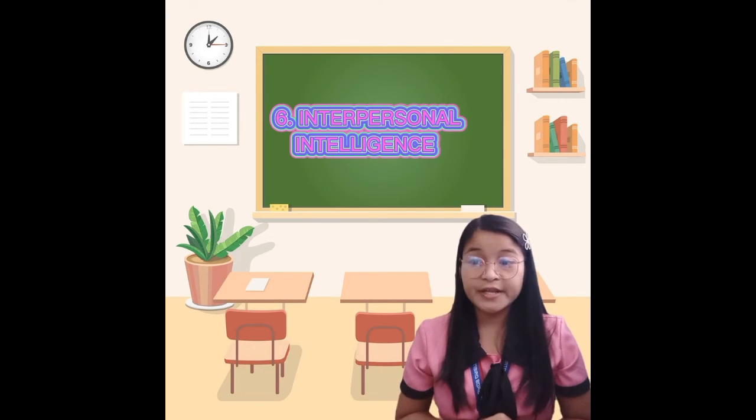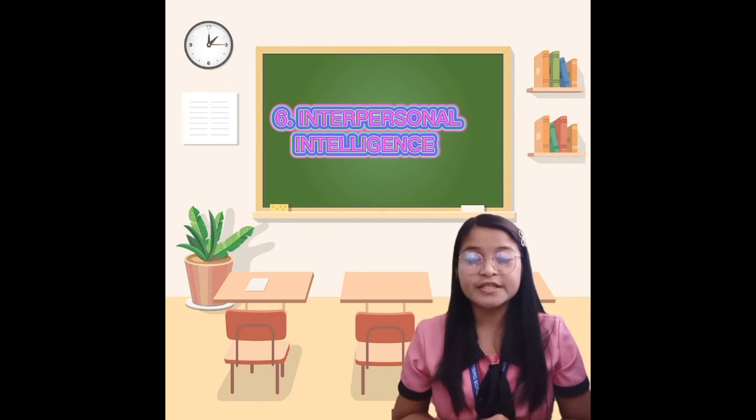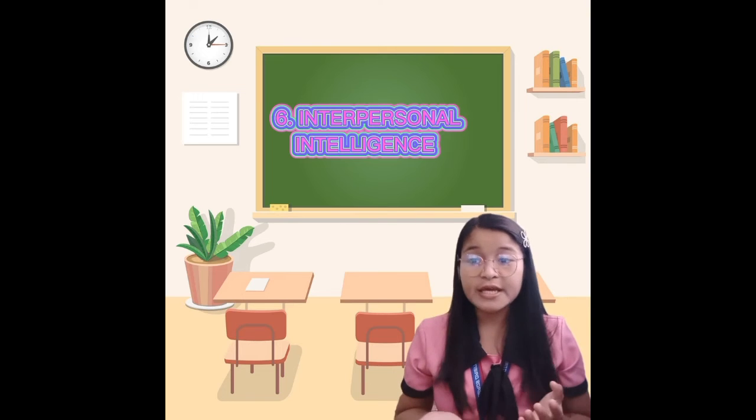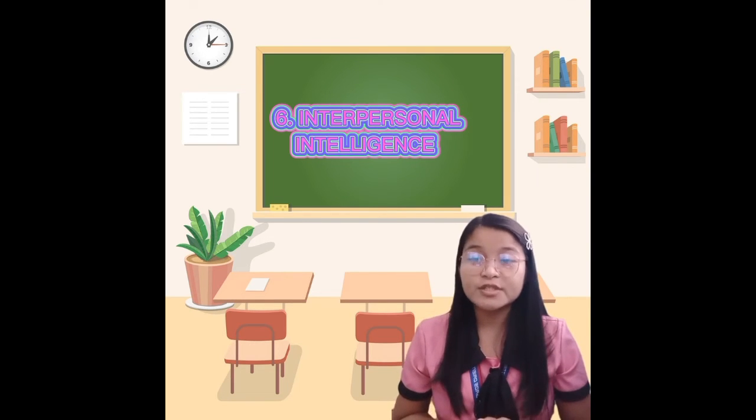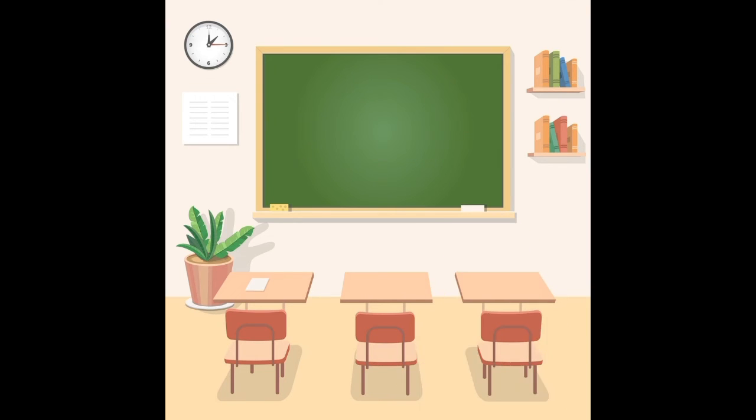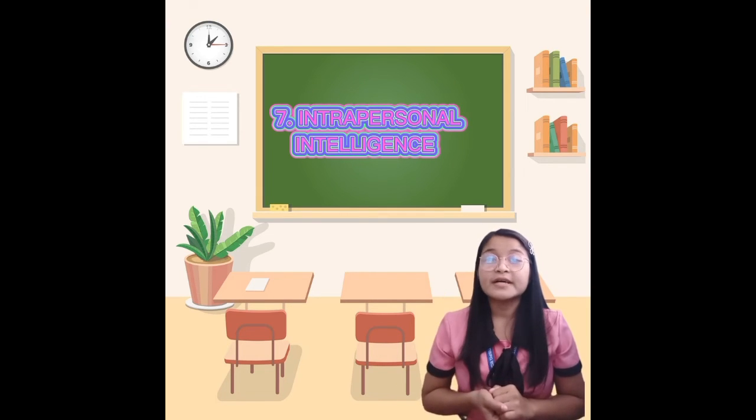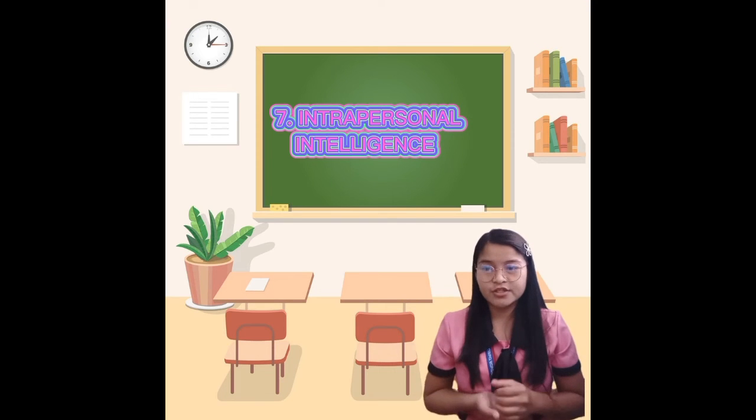The sixth one is interpersonal intelligence. This is the capacity to detect and respond appropriately to the moods, motivations, and desires of others. The next one is intrapersonal intelligence.